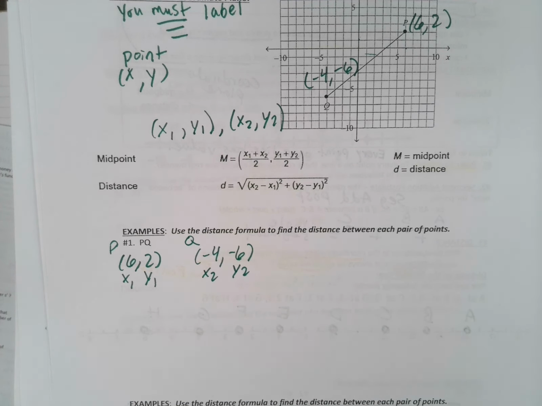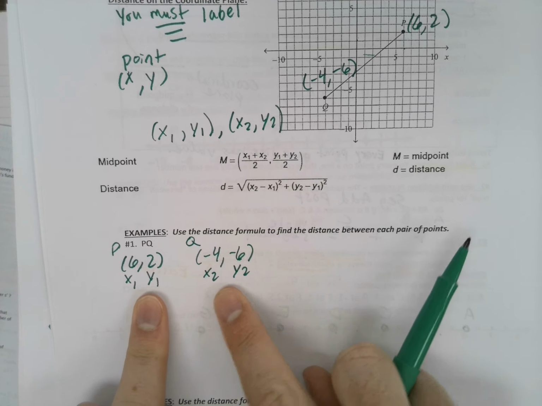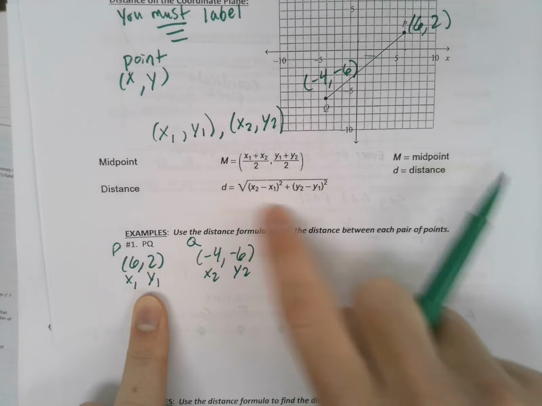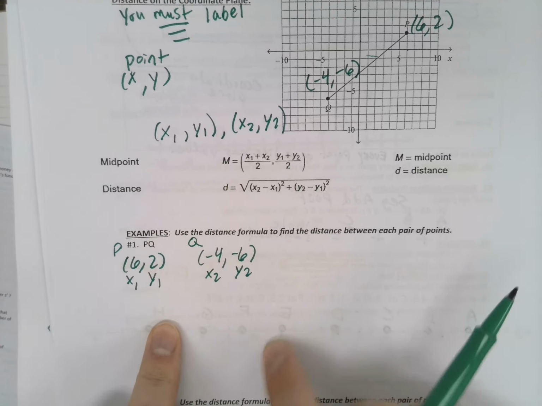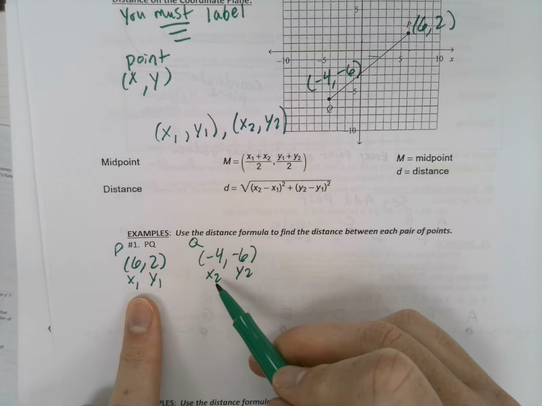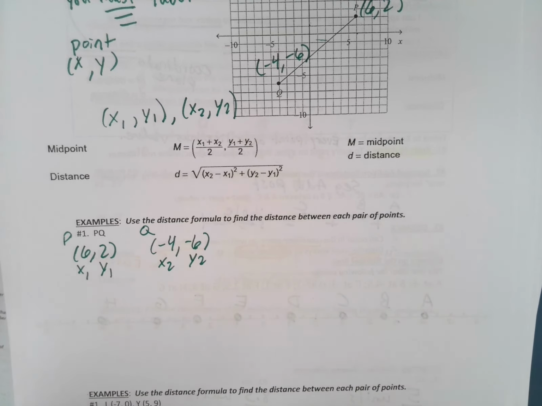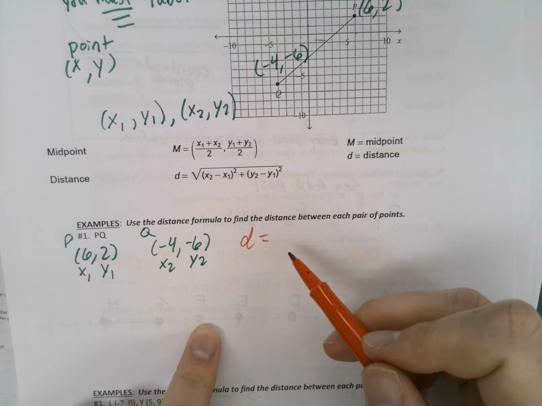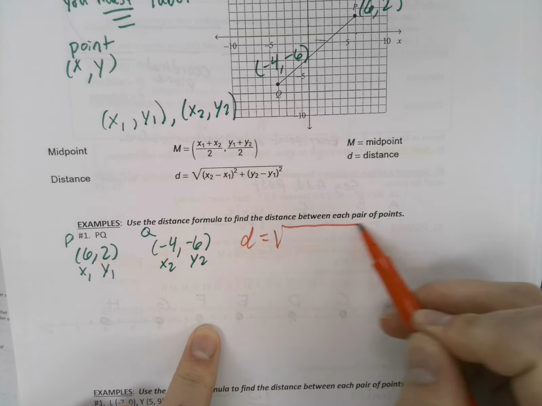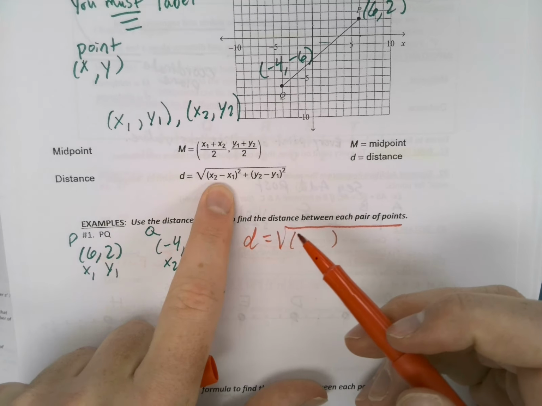And so once we have these labeled, some of you guys are probably thinking, oh, it's just plugging these numbers in and working out what's underneath. And that is absolutely correct. But we got to make sure we plug these in carefully. So I'm going to come over here. We got distance. Let me change up the color here. Keep you on your toes. We got distance, we're going red, is going to be the square root of, okay, x2 minus x1.